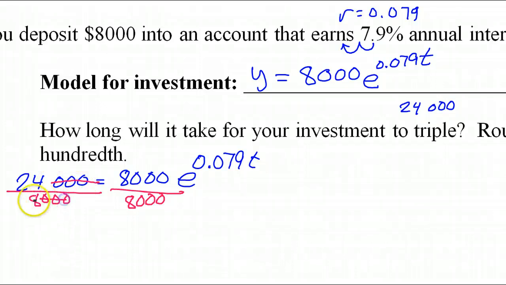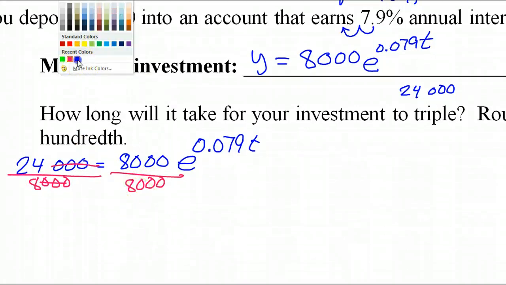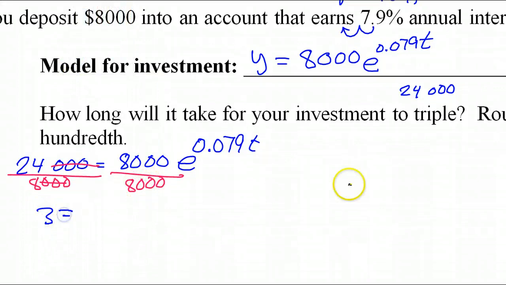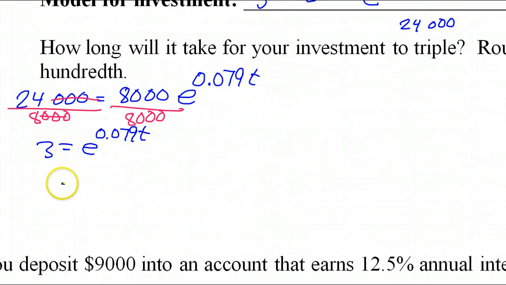Of course I can take those out. 24 divided by 8 is 3. And yeah, we knew that was going to happen because it tripled. We purposefully made it 3 times bigger. So we have 3 equals e to the 0.079 t power. Time for some log form, you guys.